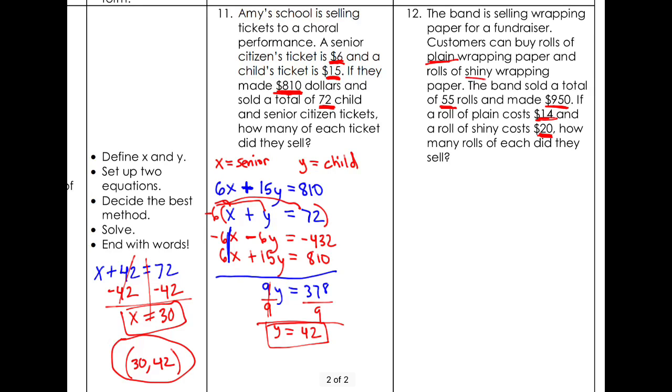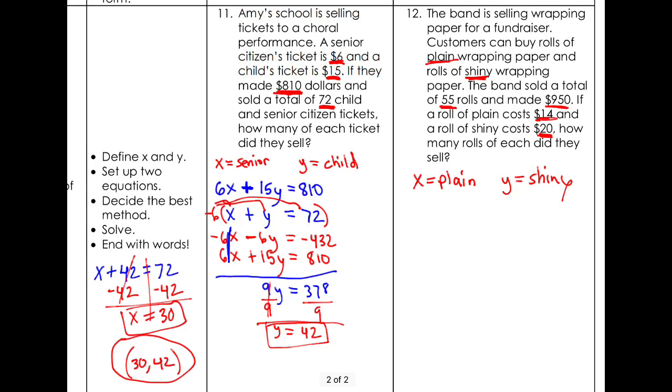And so we know we're dealing with plain and shiny rolls. Let's go ahead and define that. So we have x equals the plain ones, and y equals the shiny ones. Okay. And so let's look at my per cost.